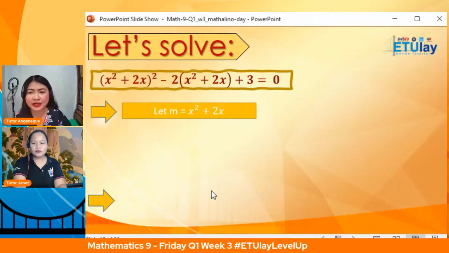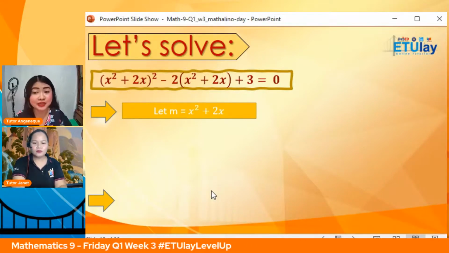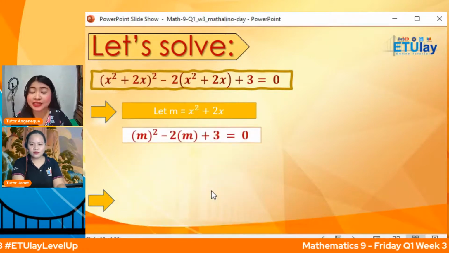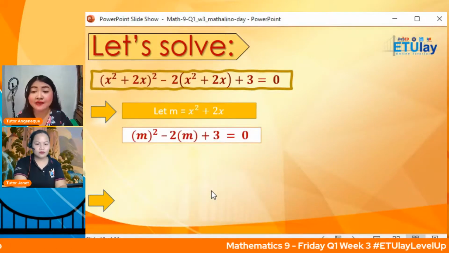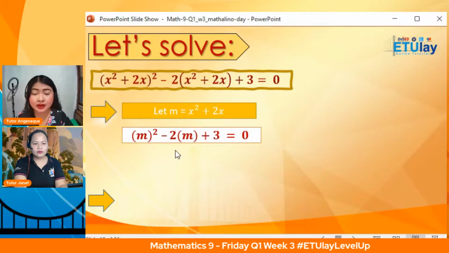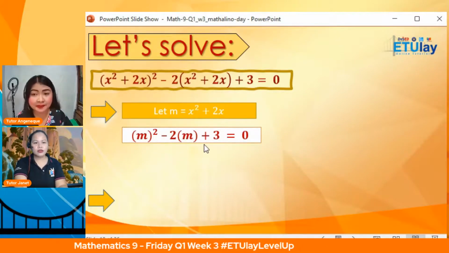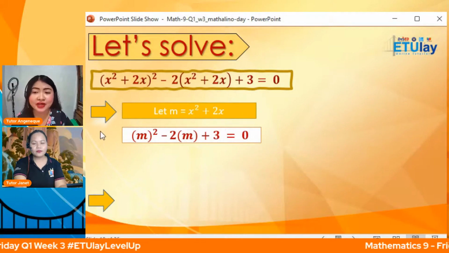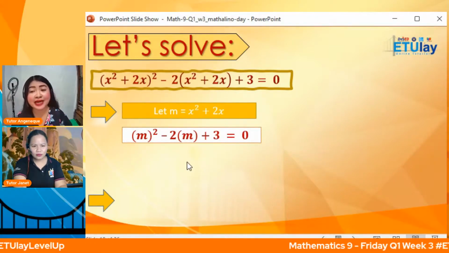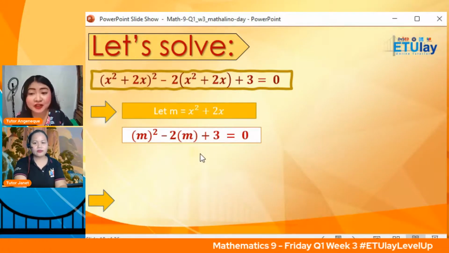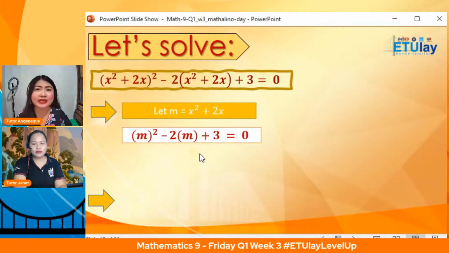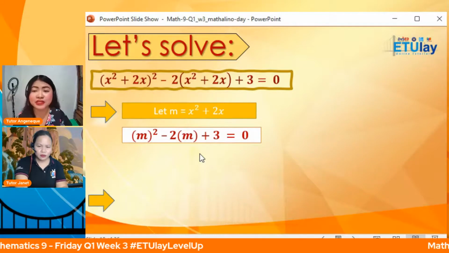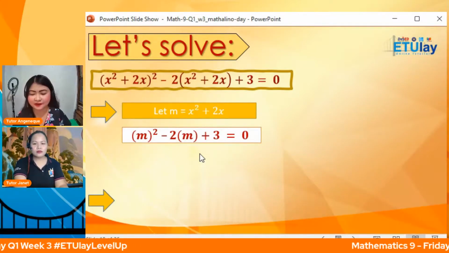So, let m equals x squared plus 2x. Ayan. Now, let's replace. So, we have m squared minus 2 times m plus 3 equals 0. So, after we have transformed into quadratic form, we can solve it in any way na pwede nating gawin. Like for example, extracting the square root, completing the square, factoring, and quadratic formula.